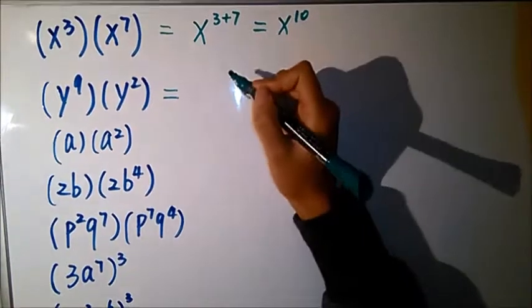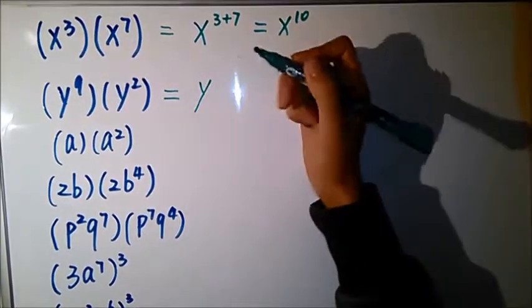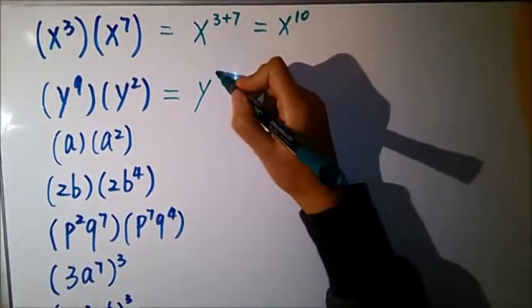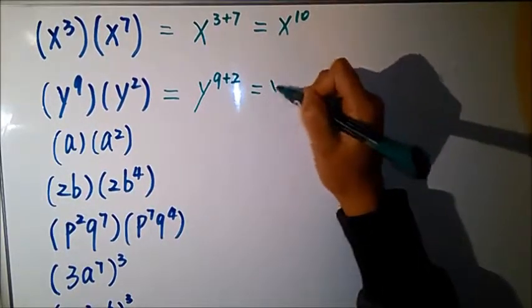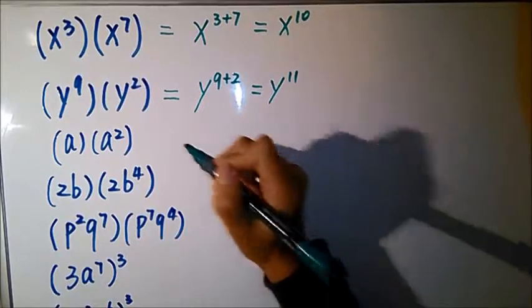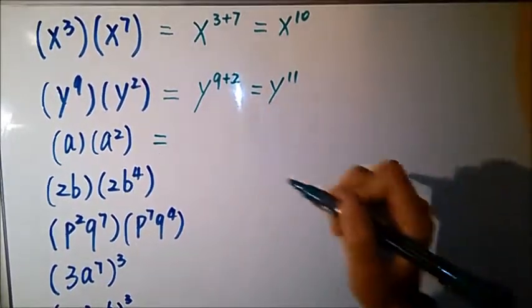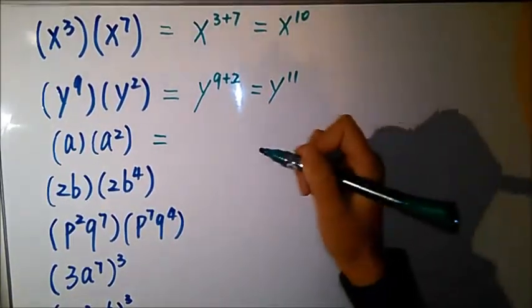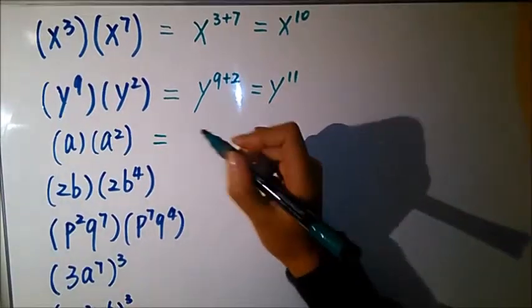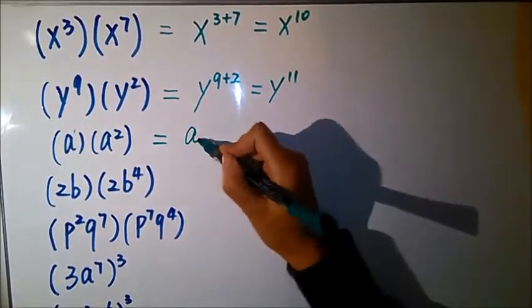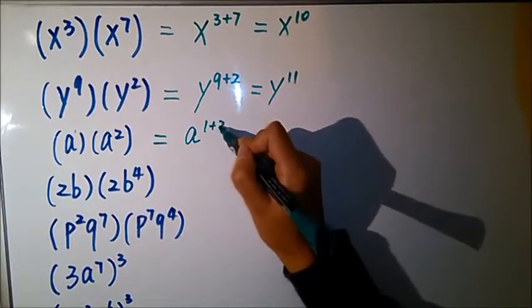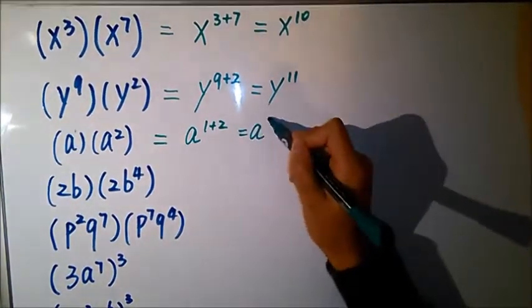So the exponents will be added together when the like bases are multiplied. So it will be y to the power of 9 plus 2. Answer is y to the 11th power. Next, a to the invisible 1 power times a squared. They're like bases. So the answer will be a to the power of 1 plus 2 equals a cubed.